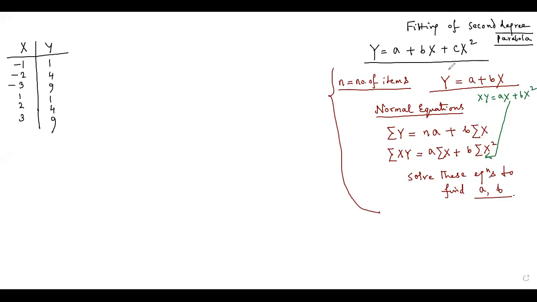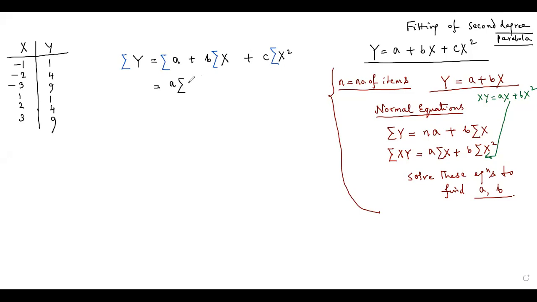This is happening for a straight line fitting. We are going to go for a similar approach in this nonlinear fitting also. So we have this equation. First of all, we are going to write the terms like this, and all the terms will be preceded by a summation sign. You can take the constants outside the summation sign.